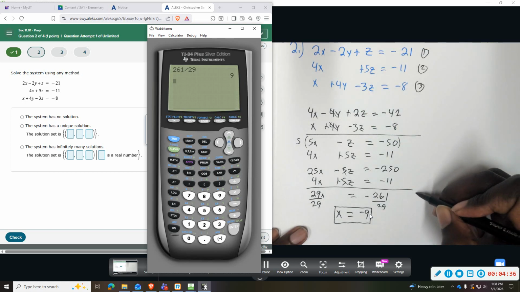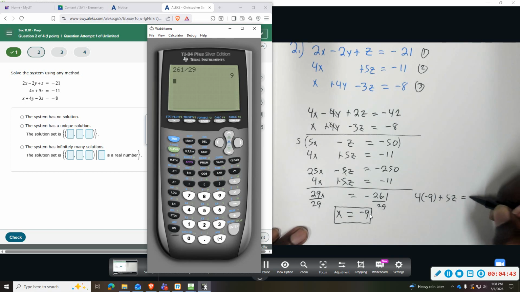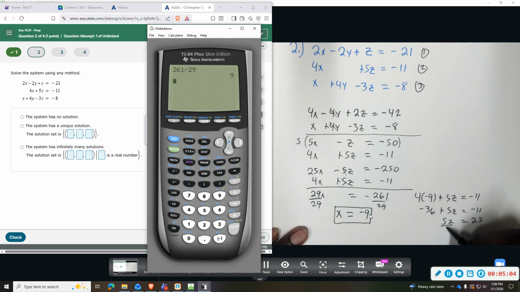So 4 times negative 9 plus 5z equals negative 11. This will give me negative 36 plus 5z equals negative 11. We'll add the 36, so we'll basically be subtracting that 11. 5z is going to give me a positive 25. Divide by 5. And we get z equals 5.